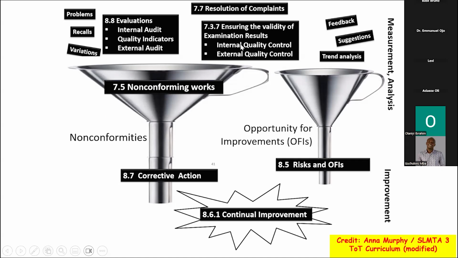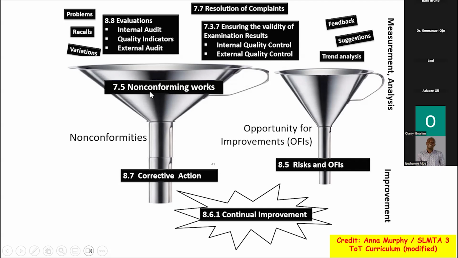Also your IQC, your external QA. All of these are what are monitored to know whether we are doing well or not. And if there is any violation reported from here, we are simply going to generate what we call a non-conformity.